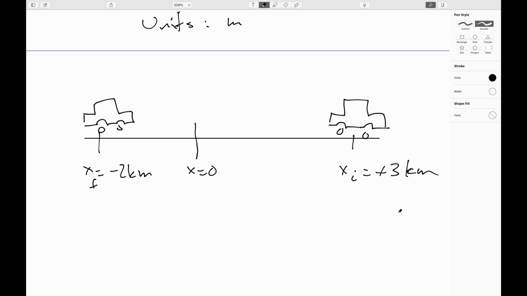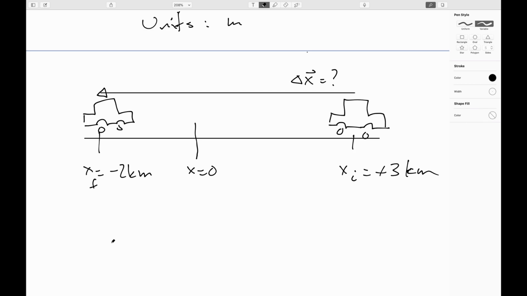Now, the displacement is simply the straight line vector that takes you from the initial position to the final position. This may or may not be the actual path taken.